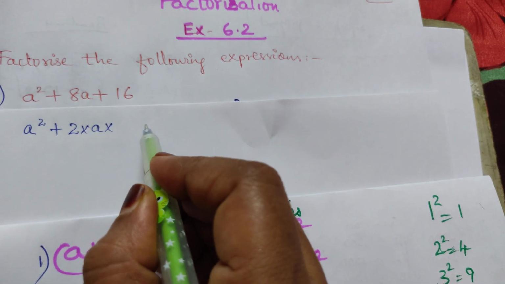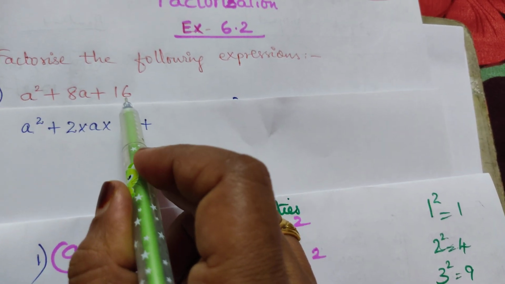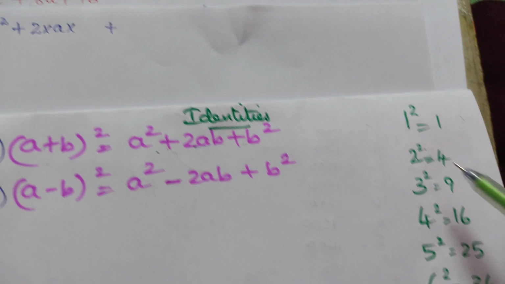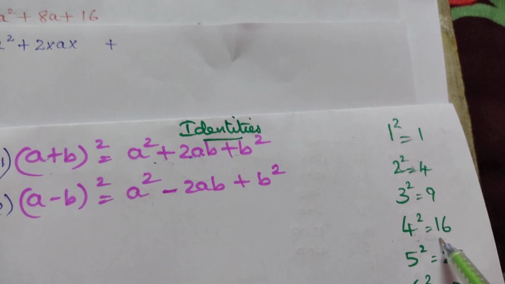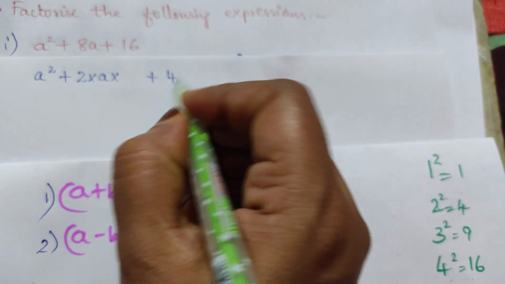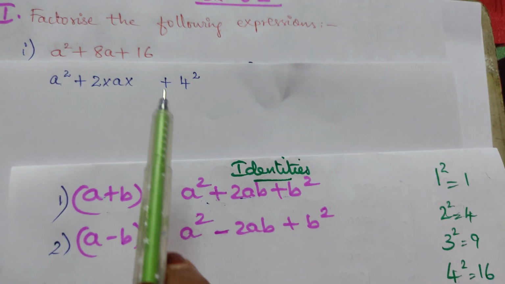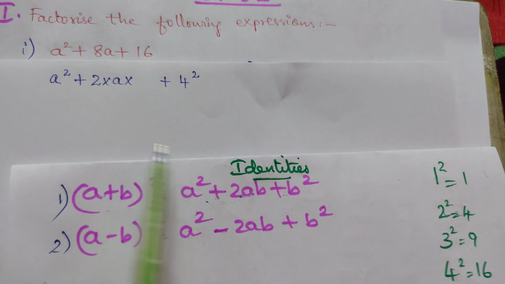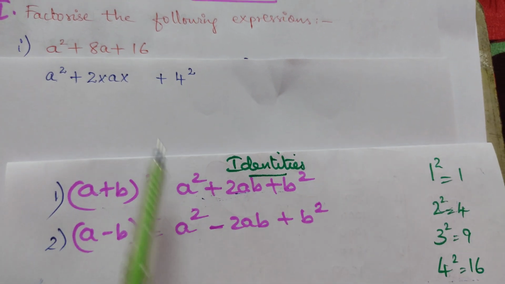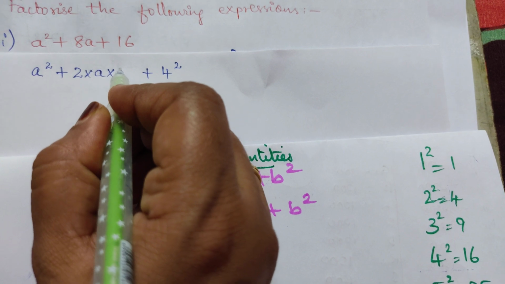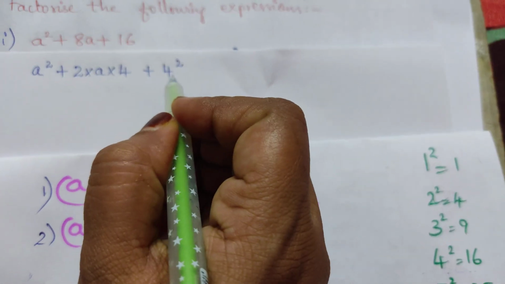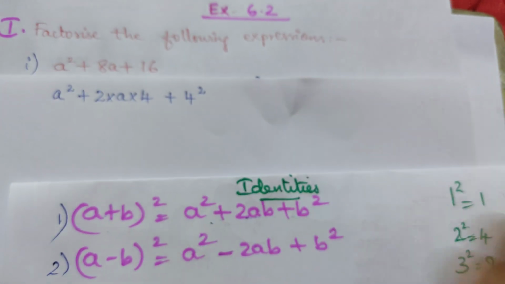We don't know what b is. So in order to know b, we should know whose square is 16. So see here, whose square is 16? 4 square. 4 square is 16. So instead of 16, we are going to write 4 square. So this becomes our b. A remains a itself. B becomes 4. So here for 2ab, we are going to write 2a into 4 plus 4 square.